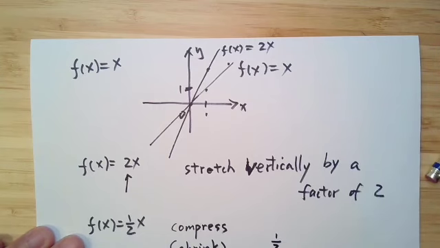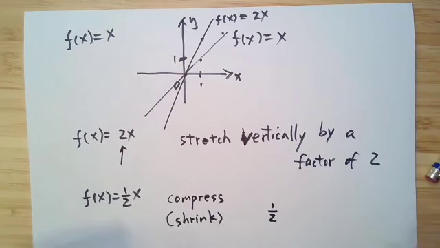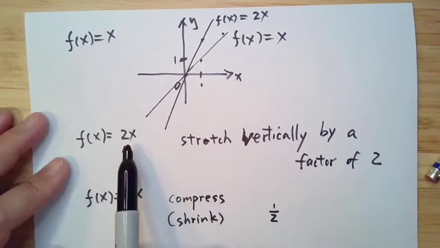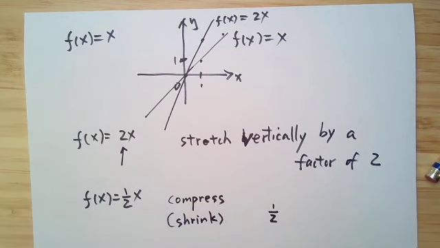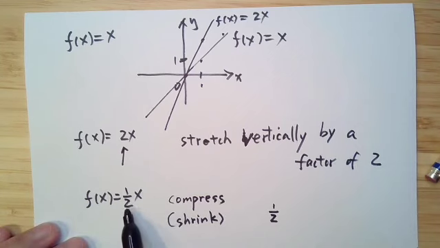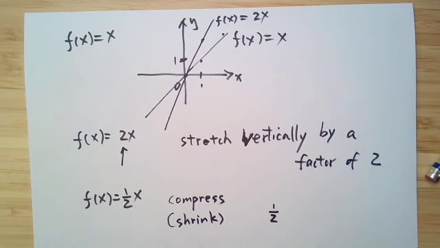Okay, so that's a general idea. So you can see this number before x tells you whether you should stretch or shrink vertically by that factor. If it's 2, then stretch. If it's less than 1, like 1/2, then of course you're going to compress or shrink.